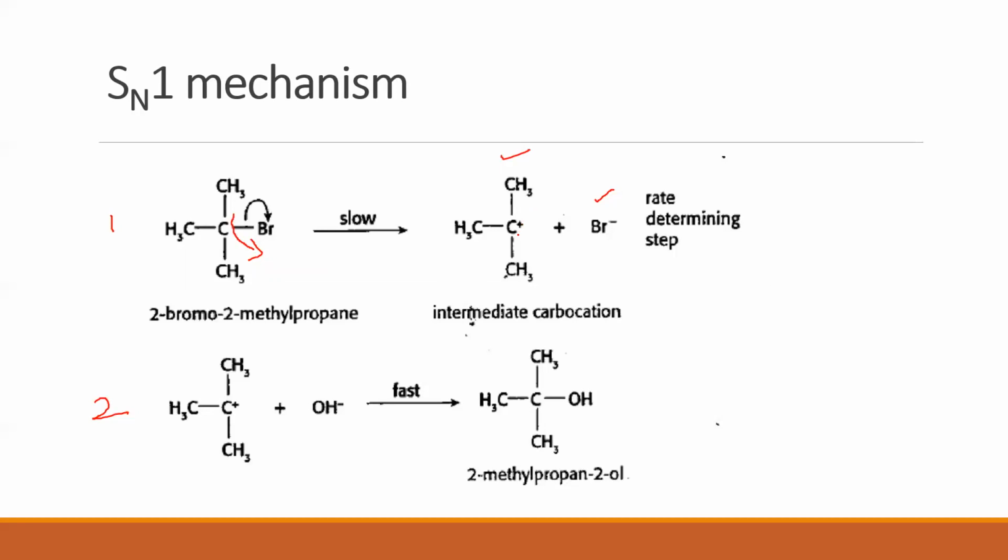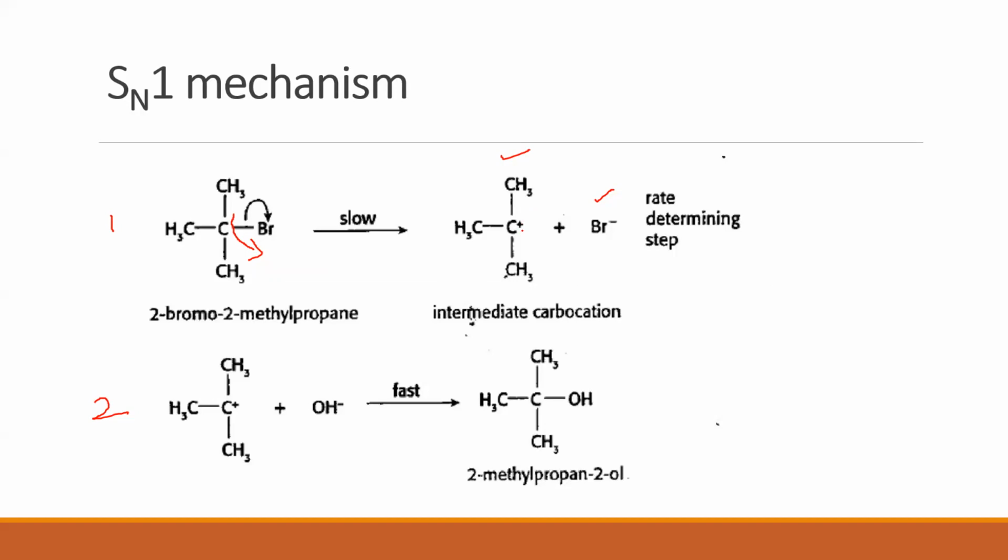It becomes a carbocation. Now, what is a carbocation? A carbocation is an ion where carbon has a positive charge. You can clearly see the carbon here has a positive charge. Such a species is called a carbocation.